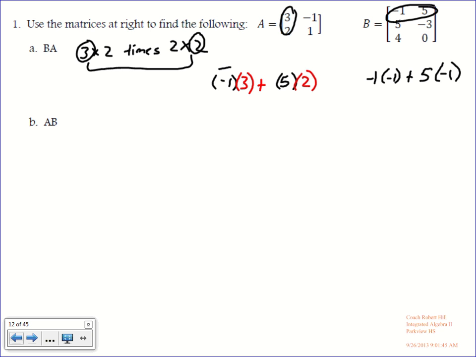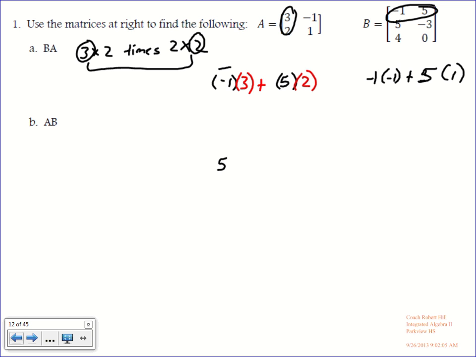So -1, 5, -1, 5, -1, 1. Now take the next row, 5, -3. So I skip some space.